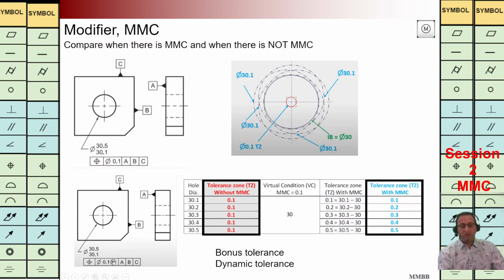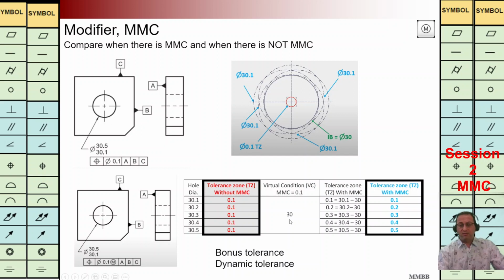But when we are going to implement the modifier, it means we are going to define the virtual condition. When we have a hole here, in order to have the maximum material, we should consider the minimum possible size of the hole and then modify it. It means the minimum is 13.1, and then we need to modify it to have more material. We make minus. The virtual condition for this hole is 30.